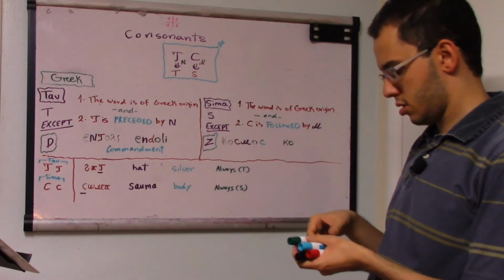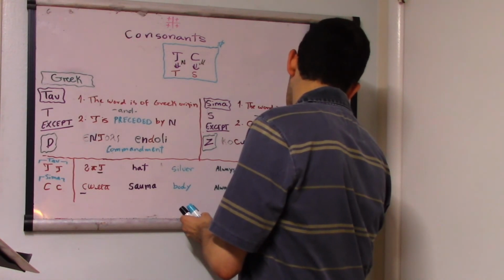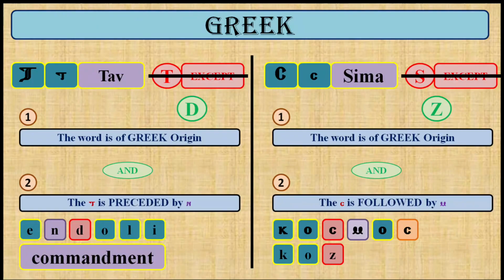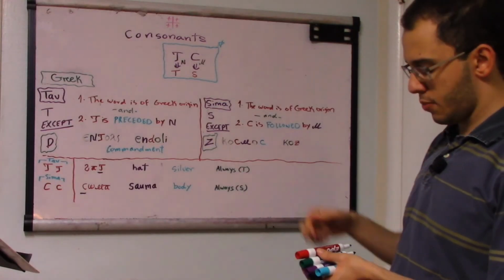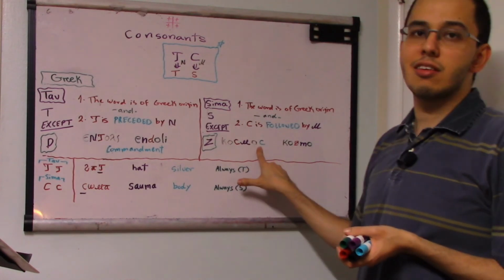So for Sima, this would be a Z. Why? Because it's followed by mu, or by me in the Coptic letter me. And then me, of course, is always M. So I can just safely drop the M. We have another O. And then let's look at this other Sima.